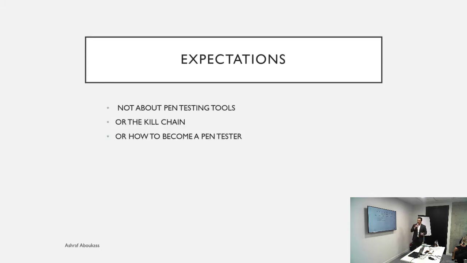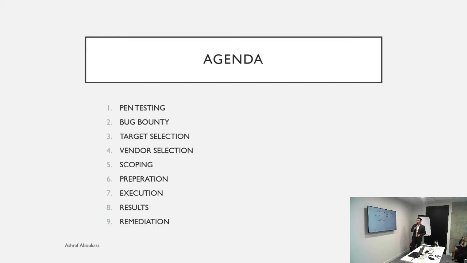Just to set some expectations, this is not about pen testing tools or a kill chain or how to be a pen tester or who's the best vendor, etc. It's an overview of penetration testing, but I do touch on some other topics as well. I've broken it down into 9 sections. What is pen testing essentially?